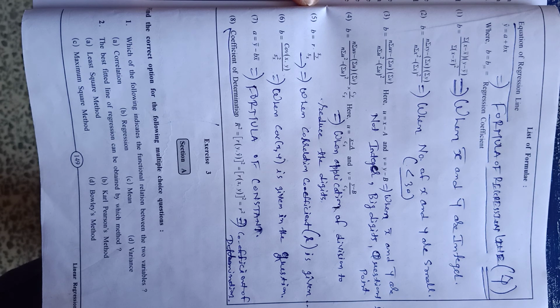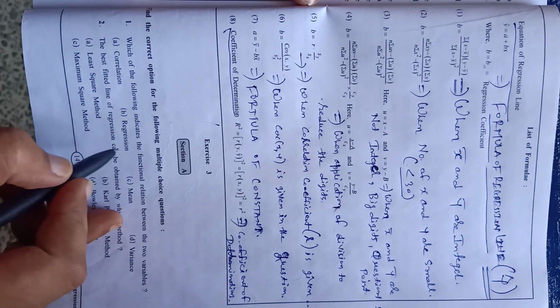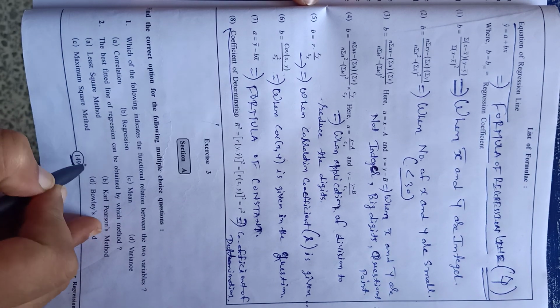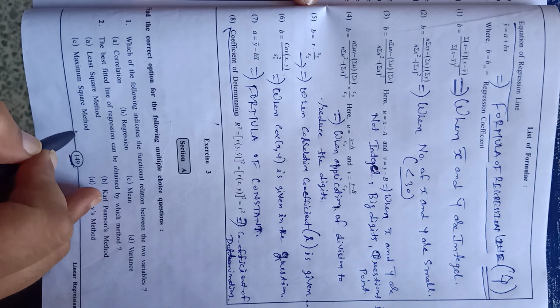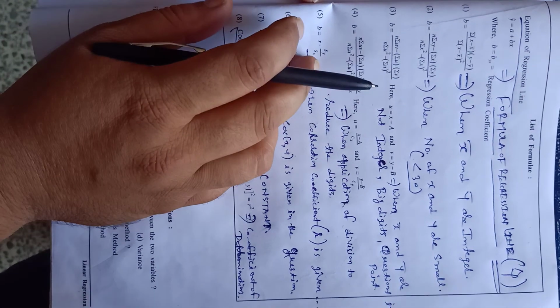Now in this video, I would like to explain the list of formulas which is given at page number 149 of your textbook Statistics Part 1.